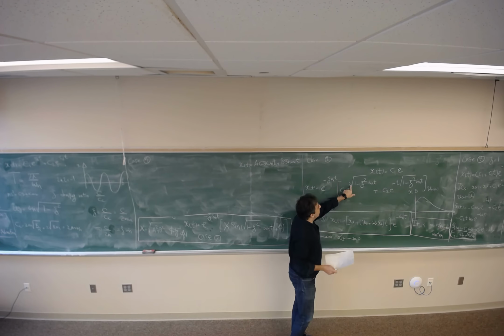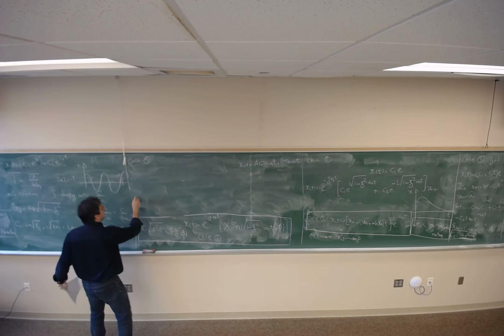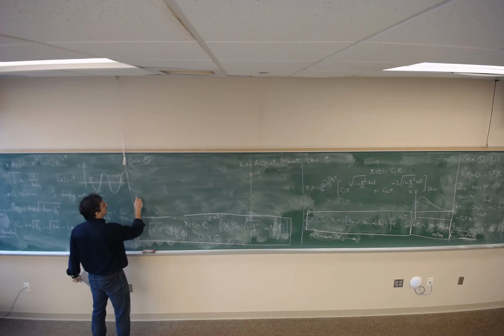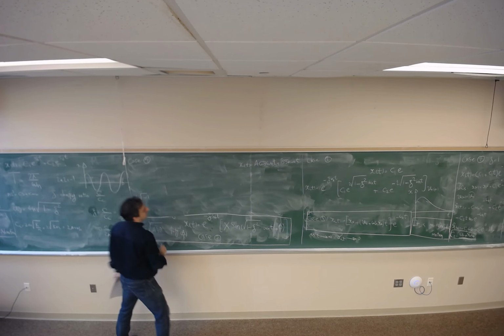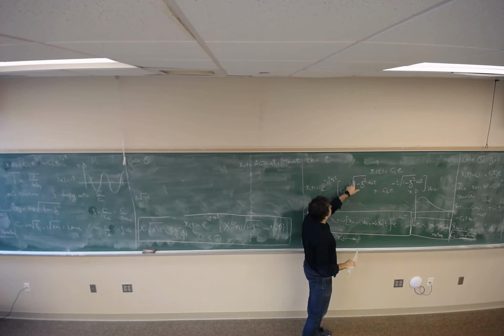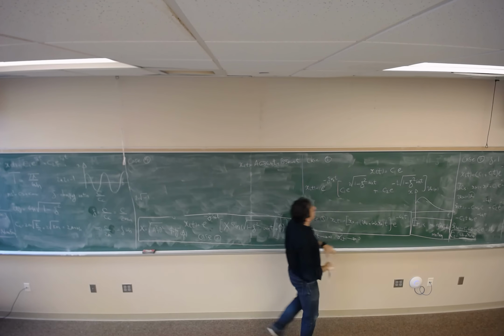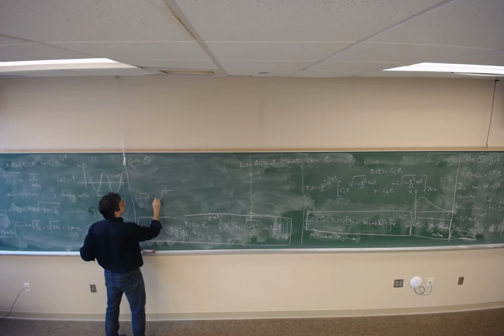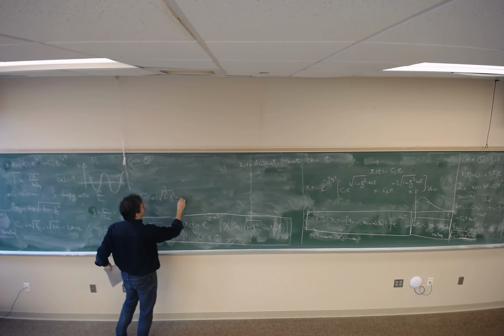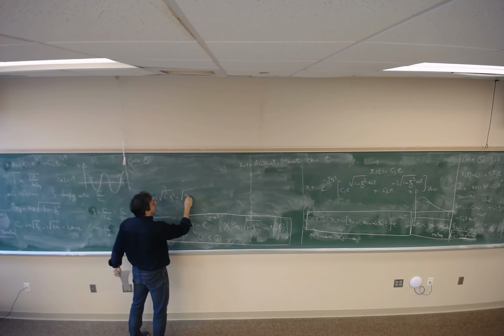So you remember what we did here. i is square root of negative 1. So I can write square root of negative 1 times square root of 1 minus zeta square is going to be square root of zeta square minus 1.